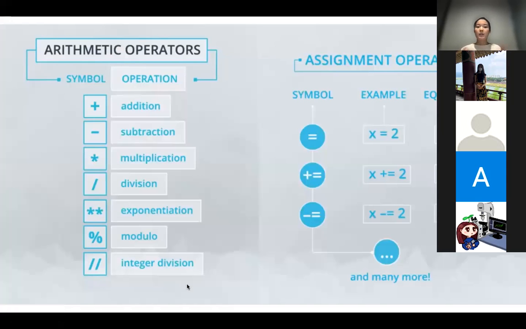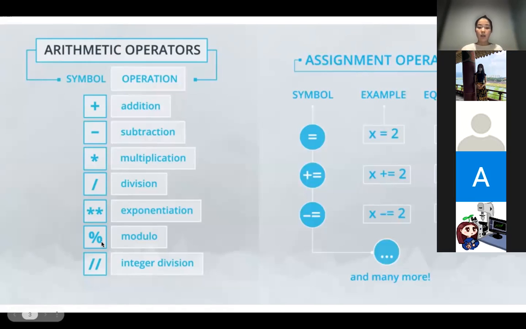We will start with arithmetic operators. It's similar to math operations, like addition, subtraction. We will use the asterisk sign for multiplication, slash for division. For exponentiation, we will use the double asterisk. And if we want to know the remainder, we will use the modulo sign.